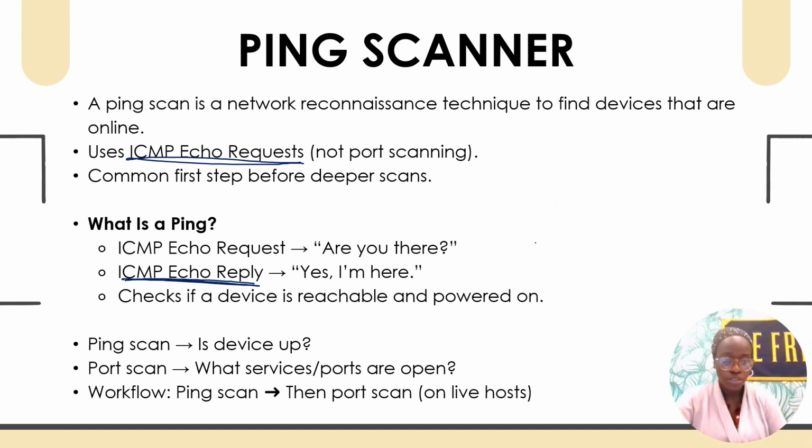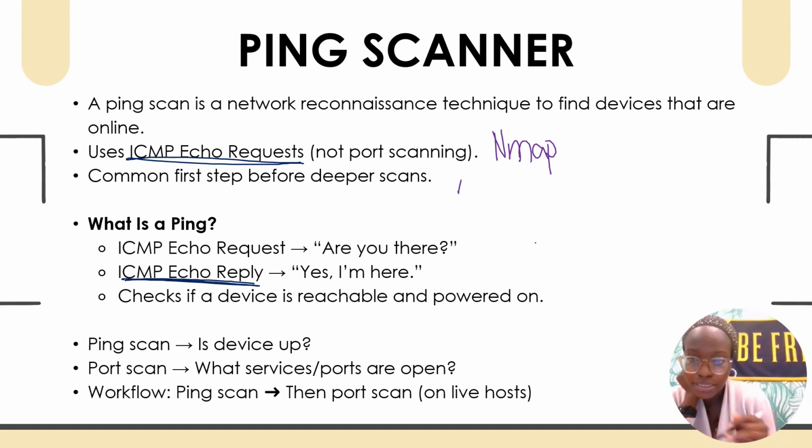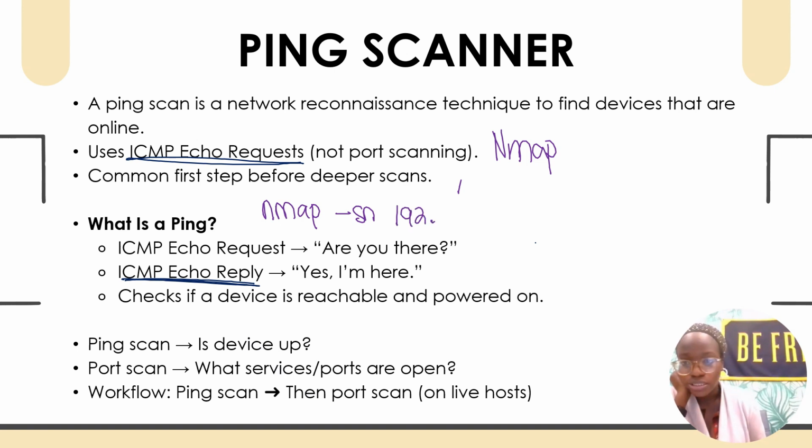So in tools like Nmap, you can actually tell Nmap to skip port scanning and just ping. You would just type in nmap and then use the flag -sn and then type in your IP address after that. So let's say this is what you wanted to do.